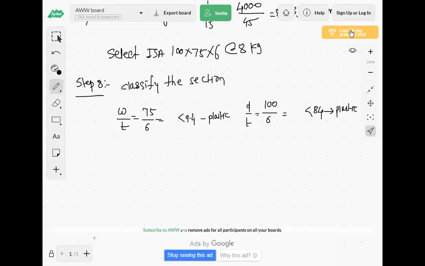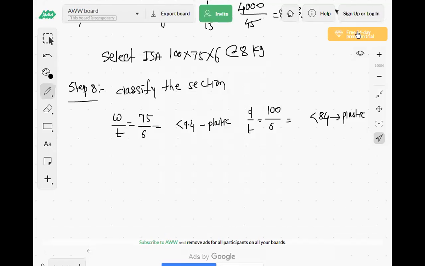So tell me both answers. 12.5. This value 75 by 6. 75 by 6 is how much? 12.5.